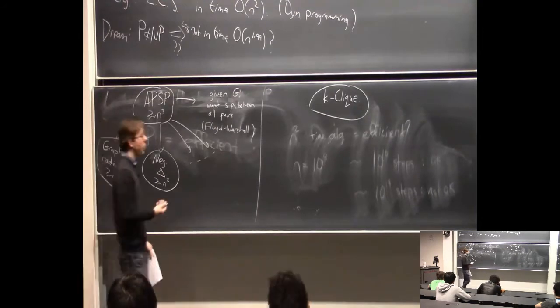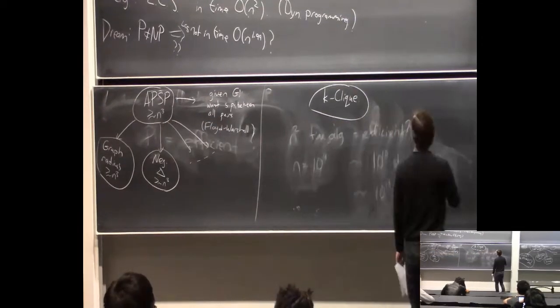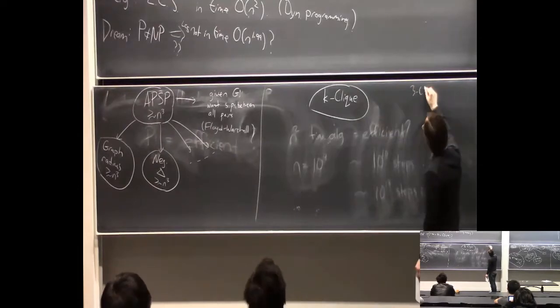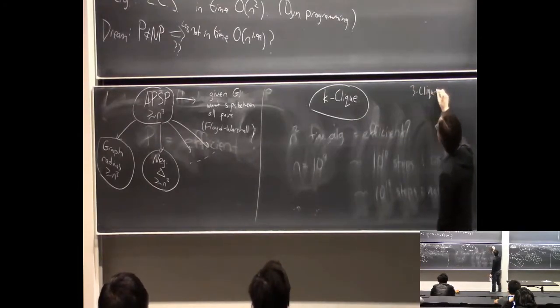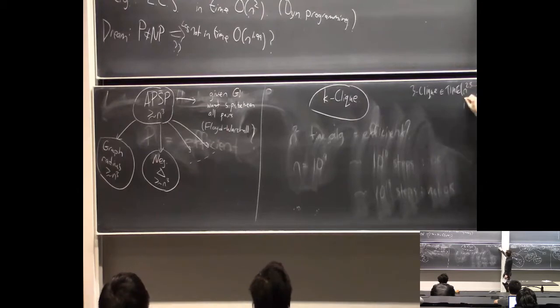However, there's a very interesting fact that you can solve 3-clique, I think I mentioned this in an earlier lecture, in time n to the 2.3 something. And this is however much time it needs to multiply 2 matrices.